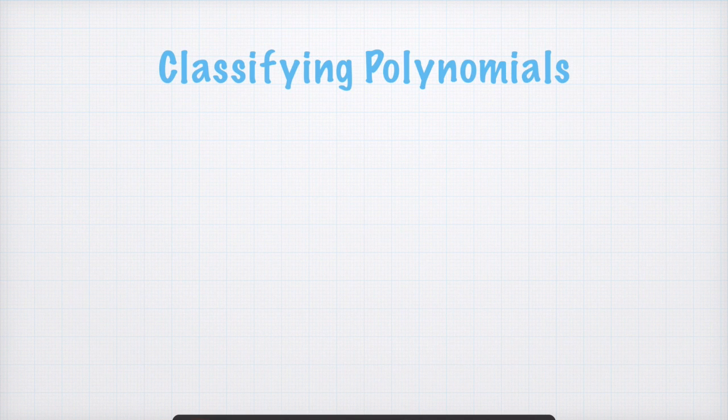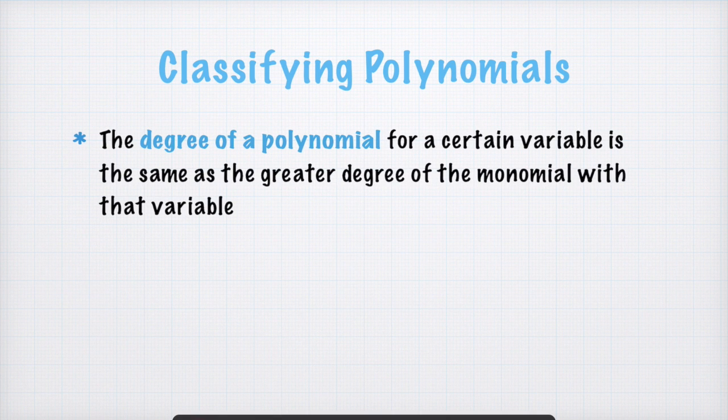So let's classify some polynomials. The degree of the polynomial for certain variables is the same as the greater degree of the monomial with that variable. That sounds like a lot, and that's okay. We're going to give you an example here. X squared plus 9x plus 20.